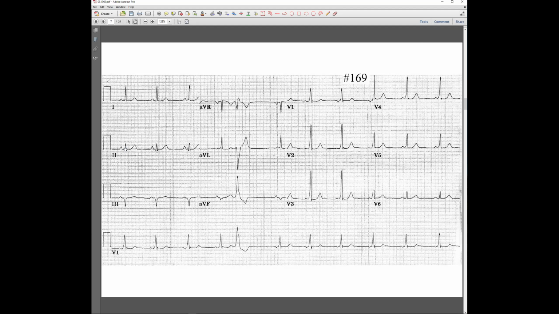Teeny tiny, but it is there, yes. This is why you have 12 leads. If in any lead you see the PR is shortened and you see widening of the first part of the QRS, that is possibly due to WPW syndrome. WPW, yeah. And which type? V1 is positive, so that is possibly a type A. Type A, okay.